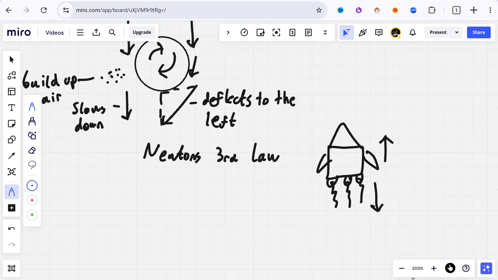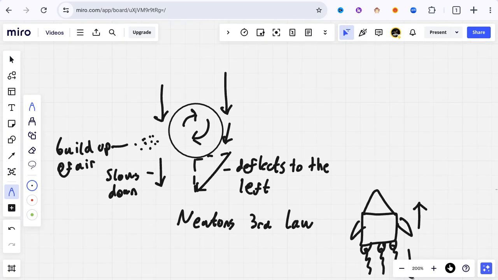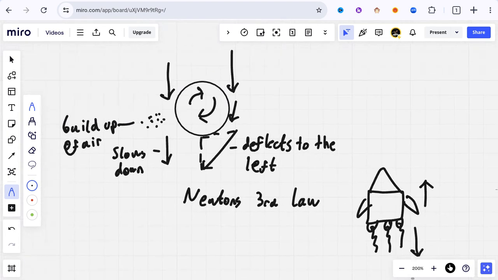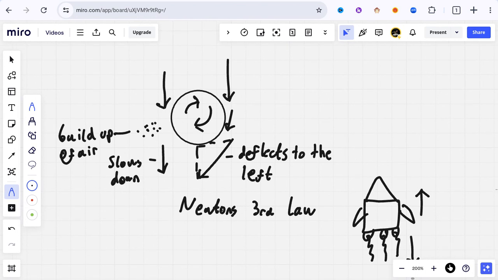Now remember, these are forces, not really speeds. Force causes a change in velocity, so it causes acceleration, basically. So the ball can still move towards the left, but eventually it will have to move to the right due to this acceleration. Now the buildup of air that I talked about earlier, due to the air on the left side being slowed down, will mean that there will be increased pressure because there are more air molecules on the left, so they'll hit the ball more, causing a net motion to the right.